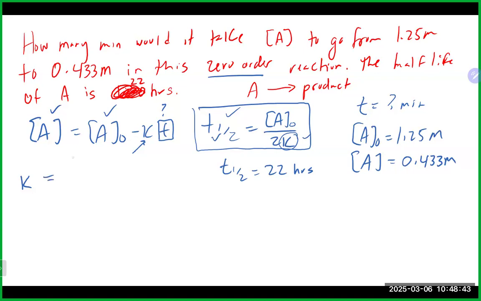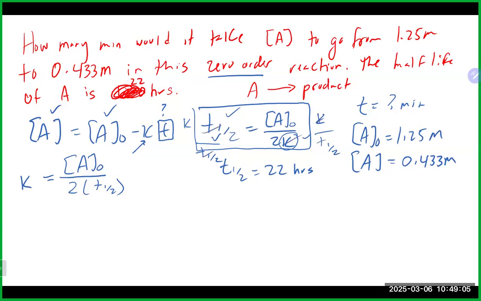So you end up with K equals the initial concentration over 2 times the half-life. Again, you're multiplying K to both sides and then dividing the half-life to both sides as well. So those cancel, those cancel.